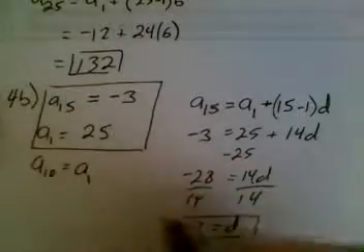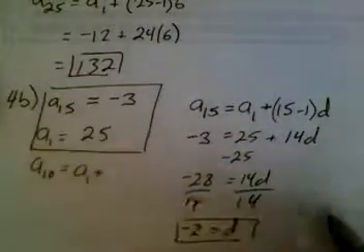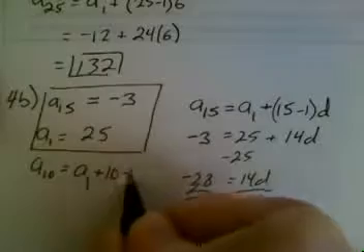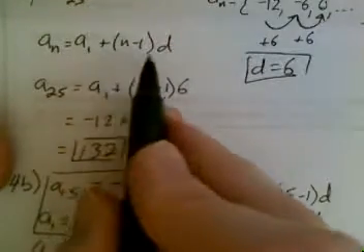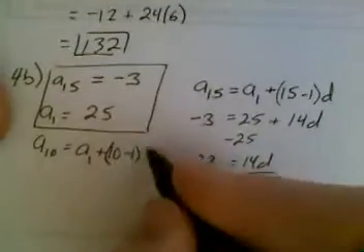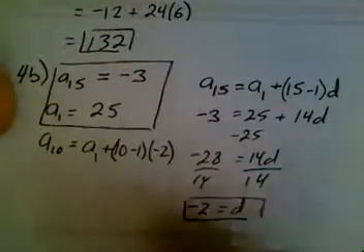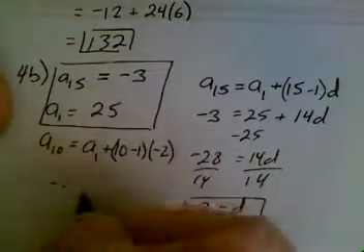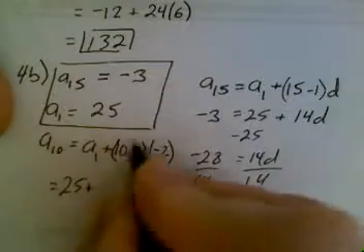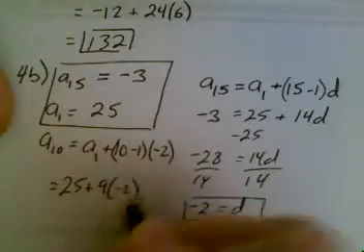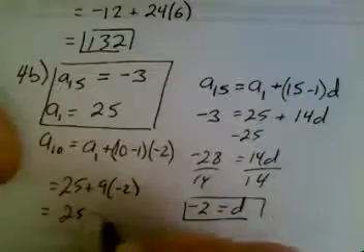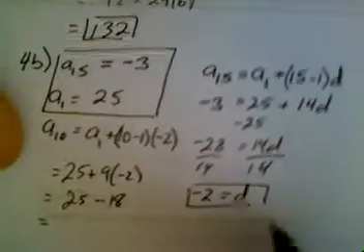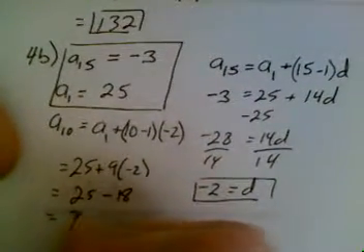A sub 10 is supposed to be the first term plus 10 minus 1, again using the formula right here. N is 10 minus 1, and my d value is a negative 2. What's a sub 1? A sub 1 is 25, so that means I'm going to have 25 plus 9 times a negative 2, which means I have 25 minus 18. The value is then going to be 7.